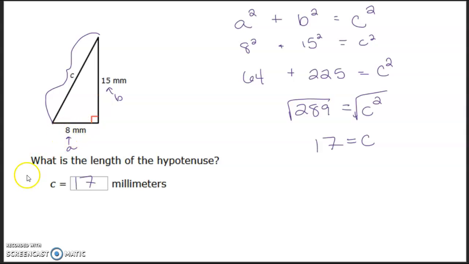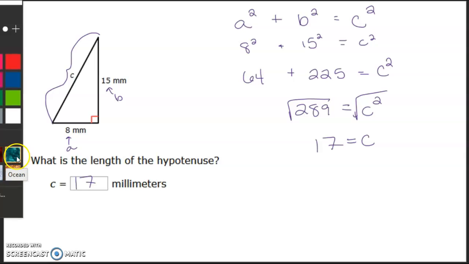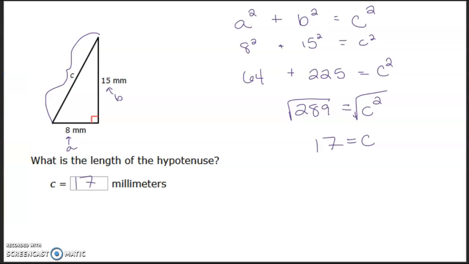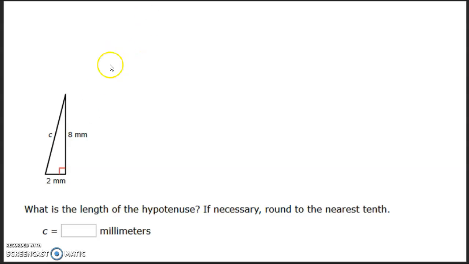All right, let's do another one. I'm going to pick a different color. Okay, so this one, what is the length of the hypotenuse? Again, we want the biggest side. So let's go to our formula, a squared plus b squared equals c squared. I'm going to make this one a just because I can, and that one b.